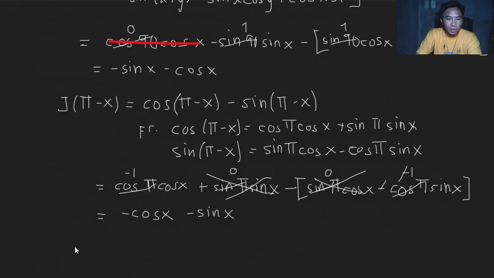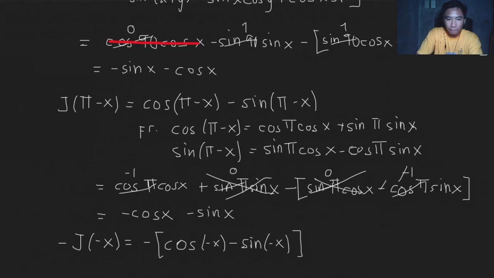And the last but not the least, negative j of negative x. So we have the negative cosine negative x minus sine negative x. That will be the last one.